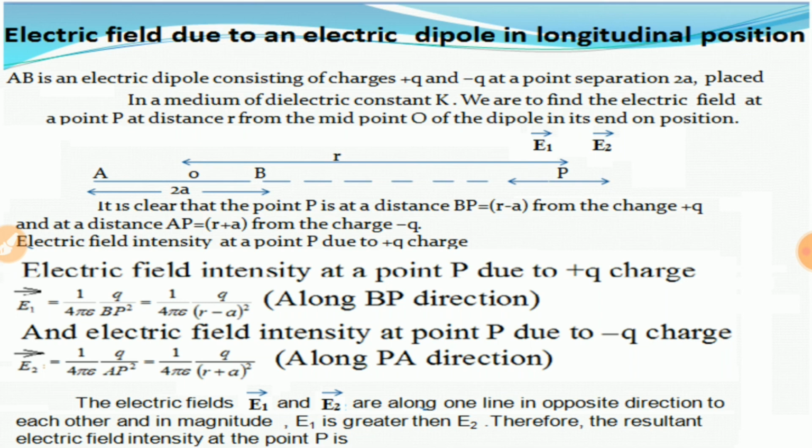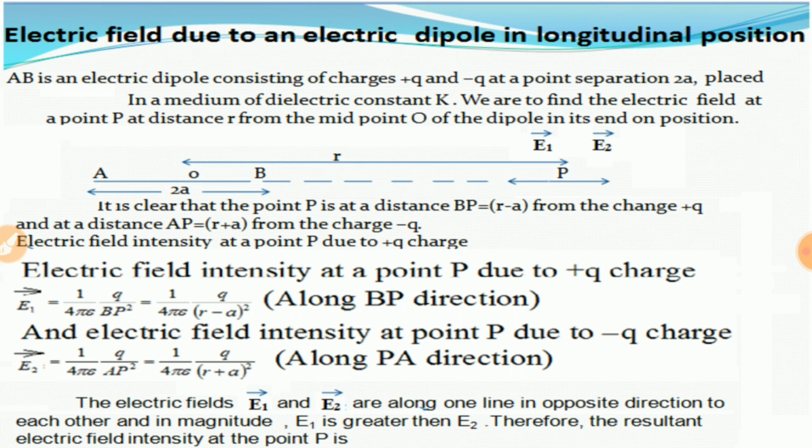The electric field intensity at point P due to the plus q charge is vector E1 equals 1 upon 4 pi epsilon times q upon BP square. Using the definition of electric field and putting in the distance, E1 is 1 upon 4 pi epsilon q upon (r minus a) square, directed along BP.